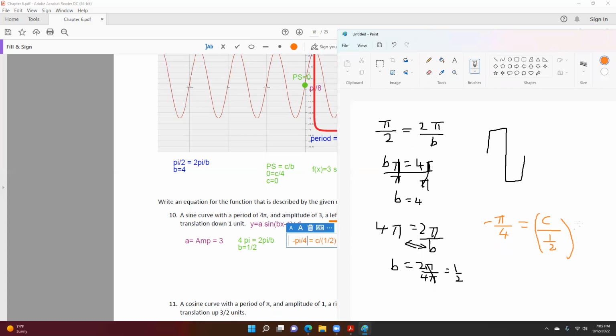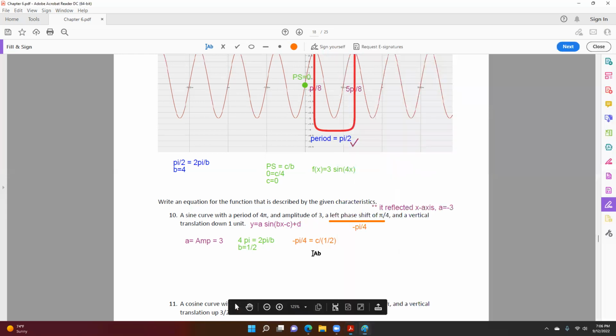I multiply by 1/2 on both sides, because they are divided here, so the 1/2 and 1/2 cancel out. If I multiply by 1/2 here, I do it on the other side. So C in this case will be -pi over 8.